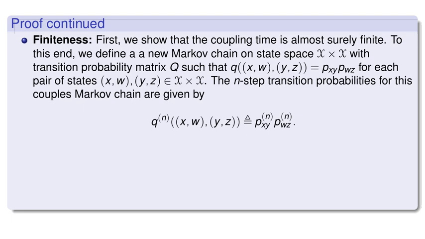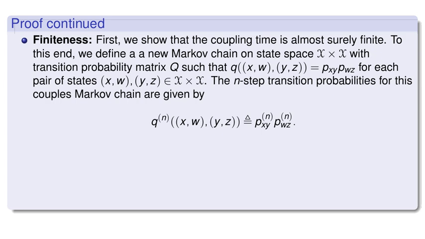Continuing with the proof. First, we need to establish that this coupling time τ is almost surely finite. To do this, we can define a new Markov chain on the product state space 𝒳 × 𝒳. Its transition probability matrix, let's call it Q, is such that Q((x,w),(y,z)) = p_xy times p_wz for every pair of states (x,w) and (y,z) in 𝒳 × 𝒳.